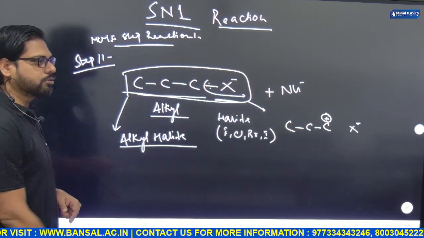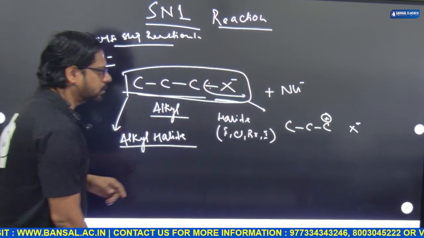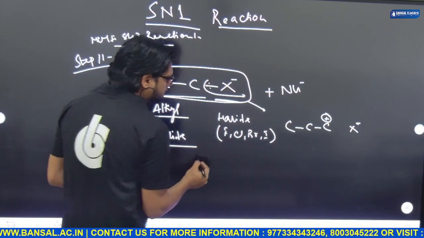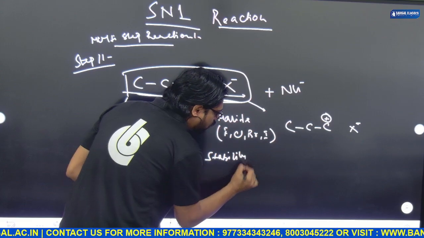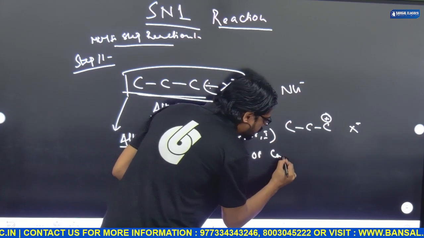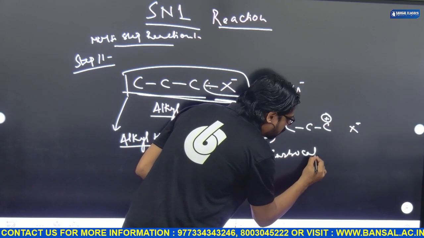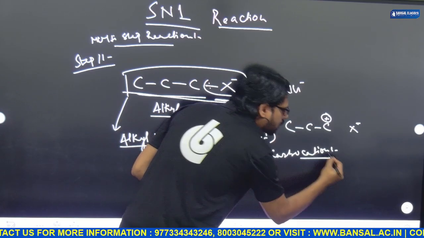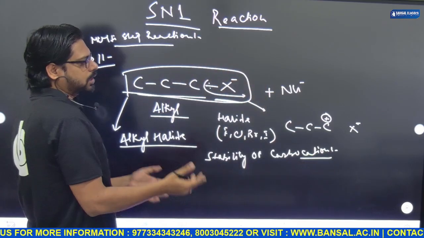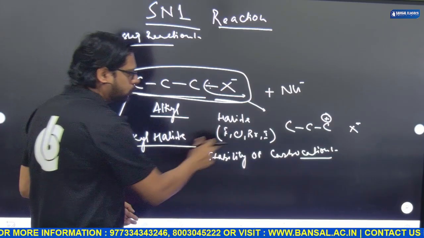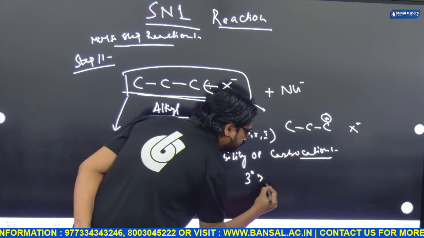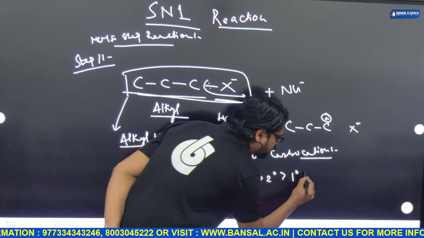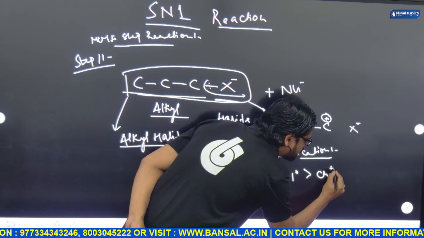Now, we also know from the hydrocarbon chapter from last year, the stability of carbocation. Now, what is carbocation? Carbocation is a positive charge on a particular carbon. So, the stability of carbocation is 3 degree greater than 2 degree greater than 1 degree greater than CH3 plus.